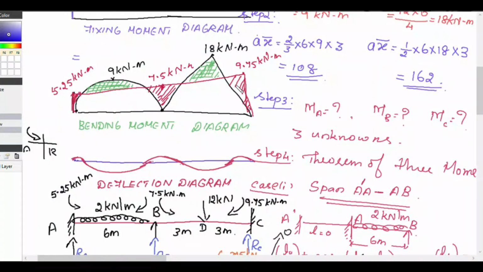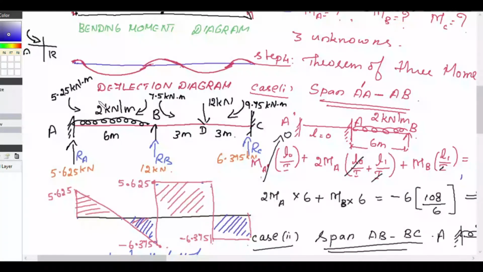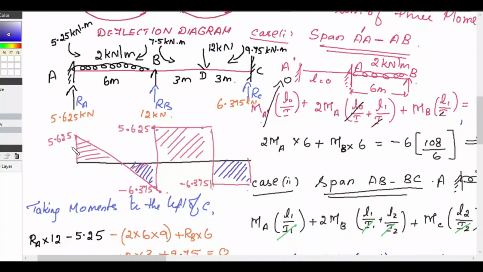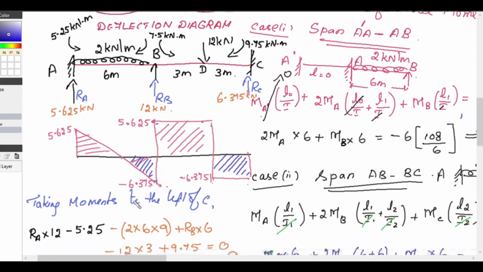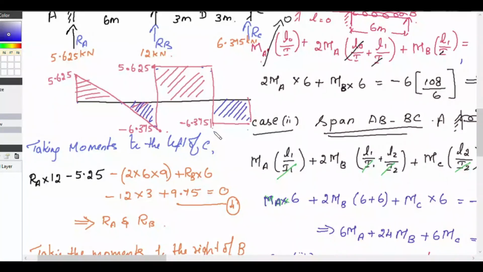After drawing the bending moment diagram, we can draw the deflection diagram. After marking all the moments, we can find, using static equilibrium conditions, the reactions at A, B and C, and you can draw the shear force diagram.